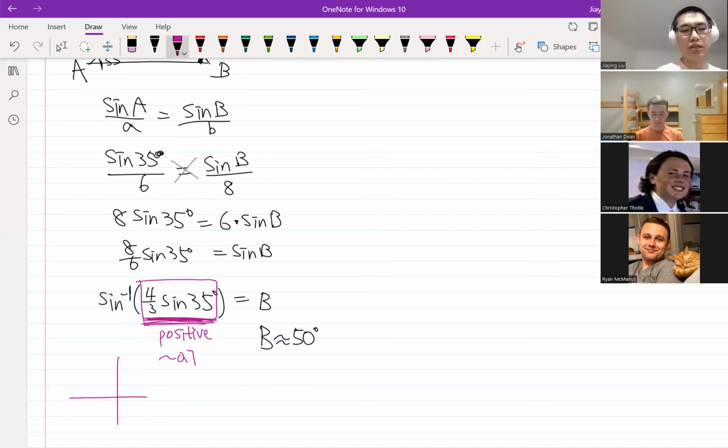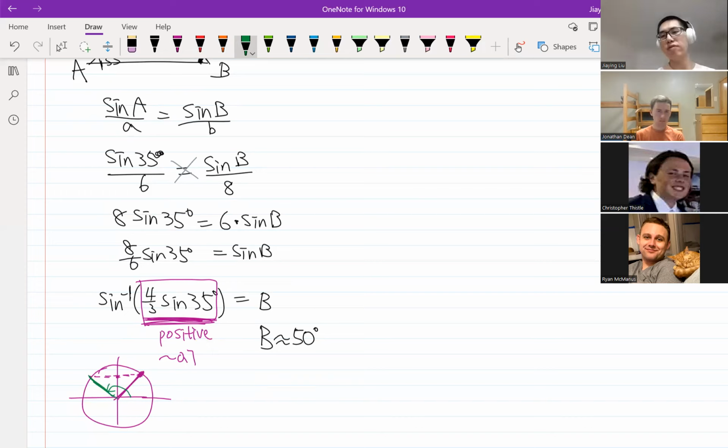But if we look at a unit circle, if the ratio is about 0.7, we not only get this angle of 50 degrees-ish, we also get a different angle in the second quadrant that gives us the same sine value, about 0.7.